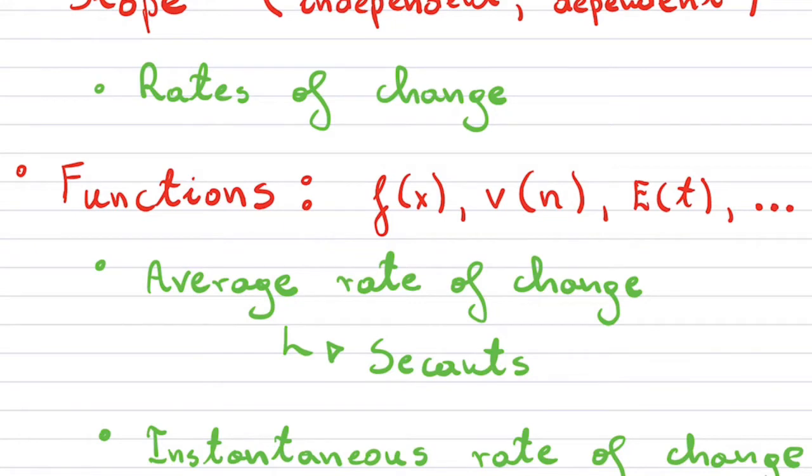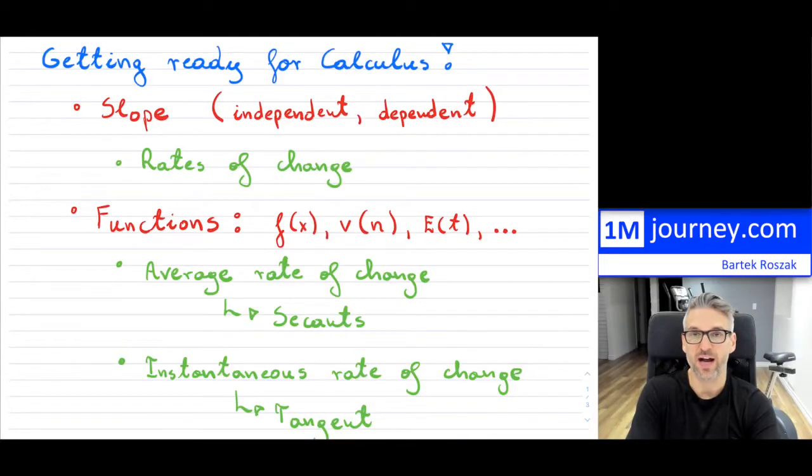It doesn't matter how your functions are defined, but you should have a comfortable understanding of a function and what it means. And then you slowly will begin talking about average rates of change, which, from the viewpoint of a function, is nothing else but understanding secants.